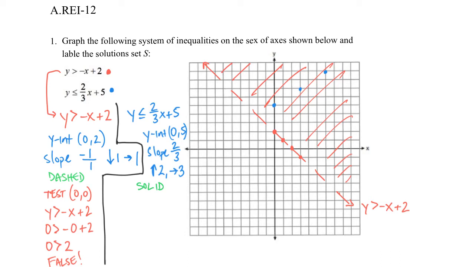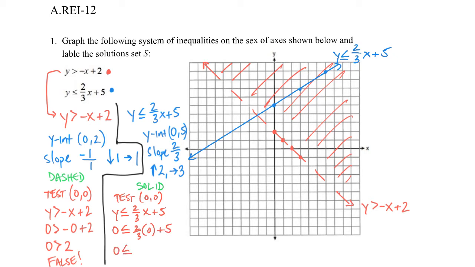So now I take my ruler and draw a solid line. This is y is less than or equal to 2/3 x plus 5. And now I'm going to test (0, 0). So y is less than or equal to 2/3 x plus 5. 0 is less than or equal to 2/3 times 0 plus 5. 0 is less than or equal to 5.